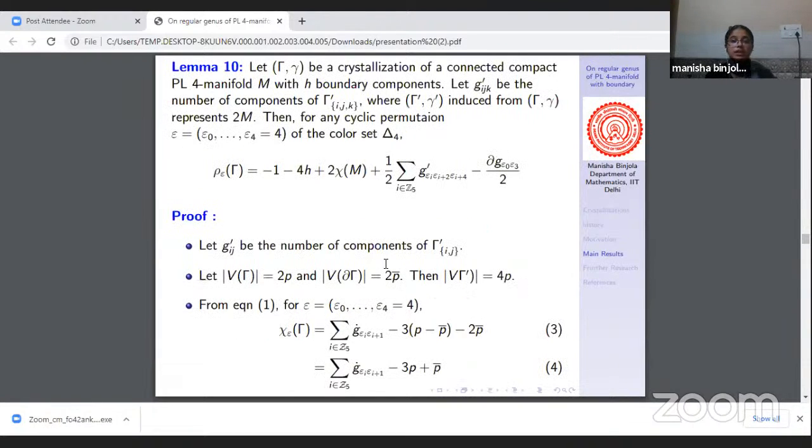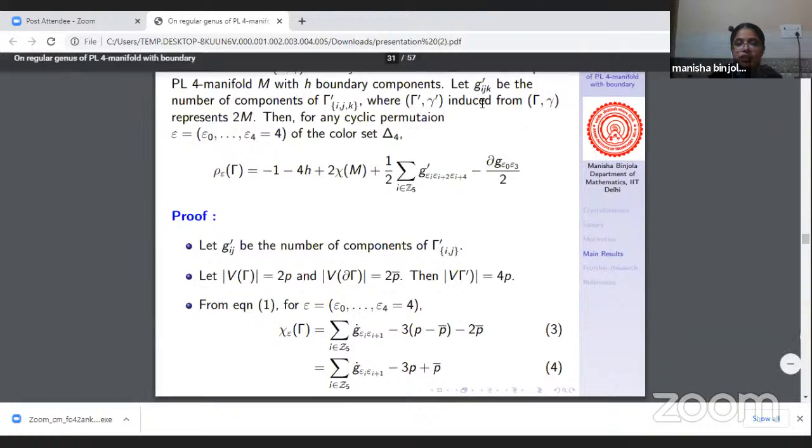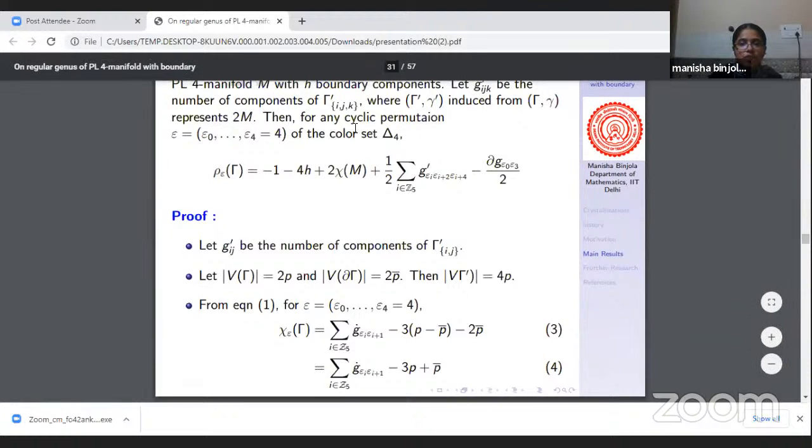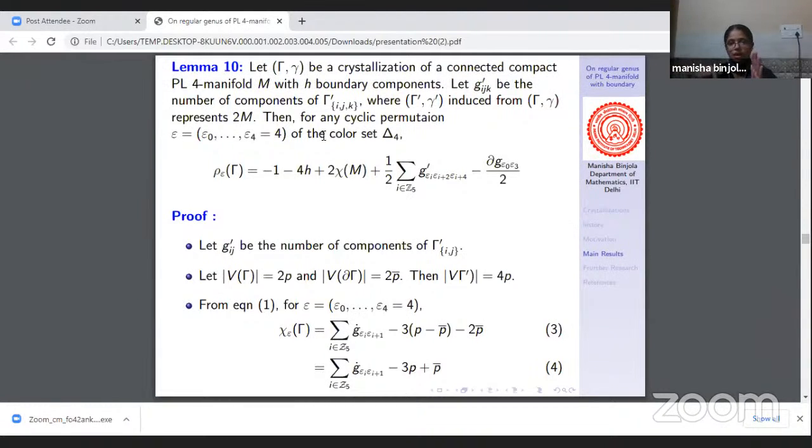Now lemma 10. This is the most important result. Let gamma be a crystallization and G dash IJK denote the number of components in gamma dash. So G IJK denotes the number of components in gamma IJK. G dash IJK denotes the number of components in gamma dash IJK.